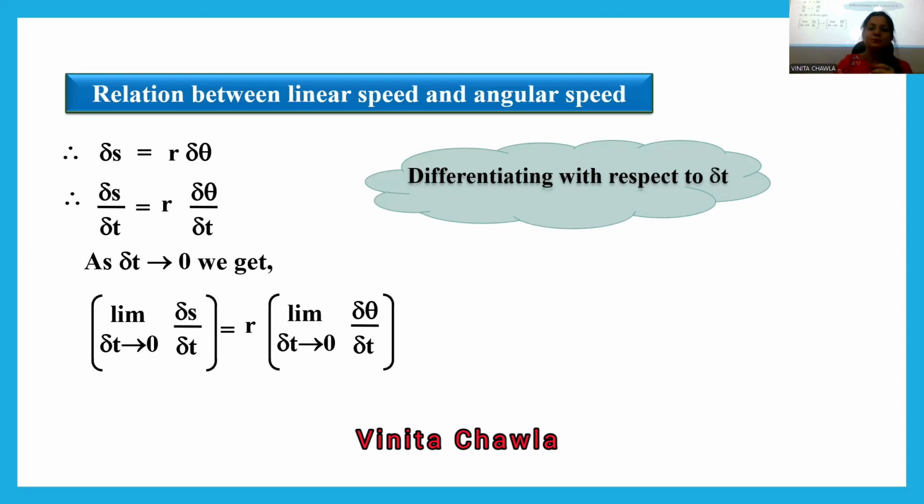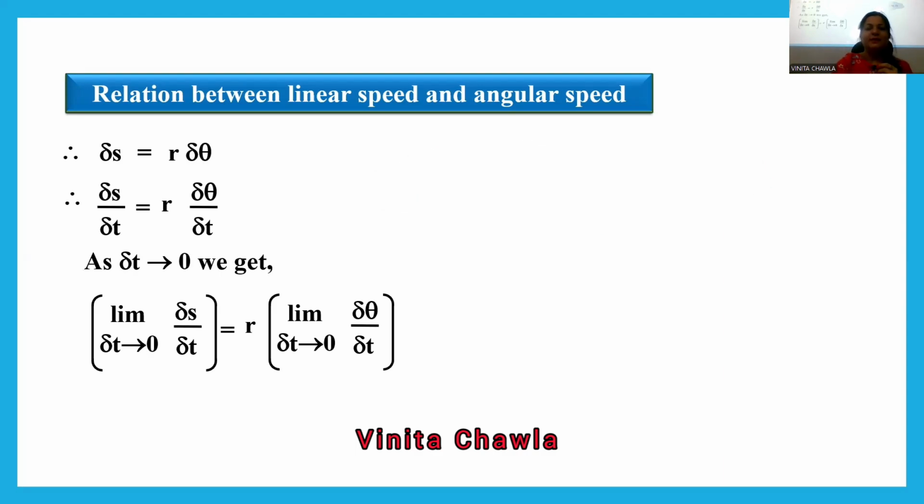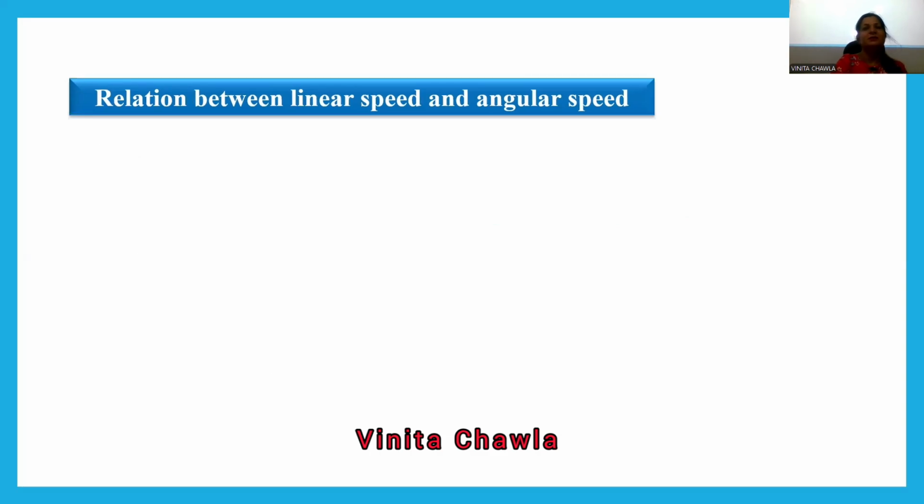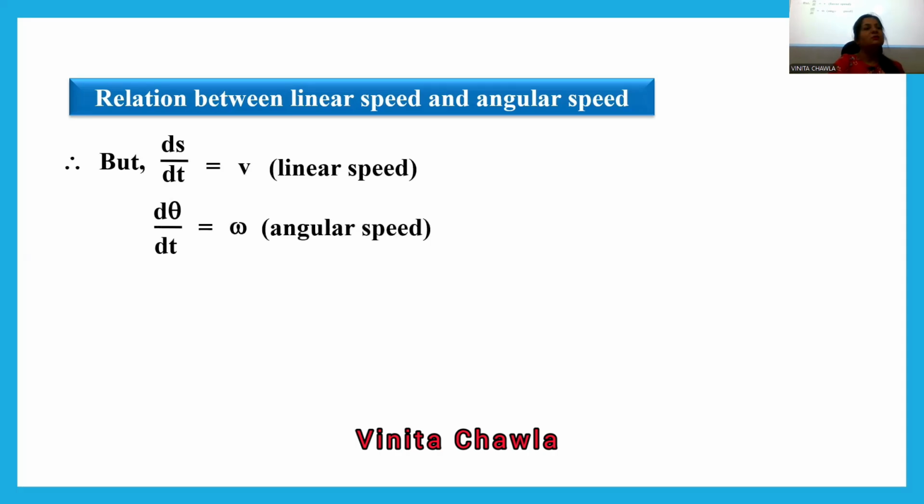Del t tends to 0, both sides, and we'll get this. ds by dt is equal to r d theta by dt. Now this ds by dt is the linear speed, because it is constant. Linear speed is constant. And d theta by dt is angular speed. So we can relate these two quantities as this. v is equal to r omega.